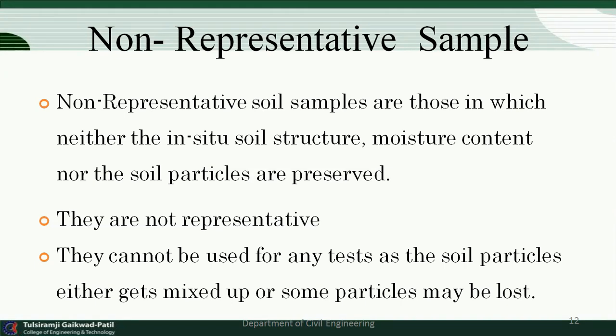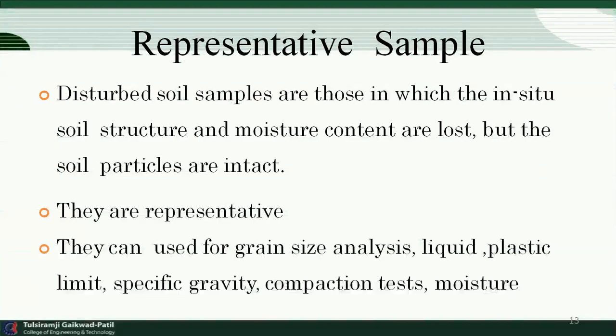So when you want to know the various engineering properties of the material, in that case we can't use the non-representative samples. Next are the representative samples. These representative samples don't have the in situ moisture content but their soil particles are intact.